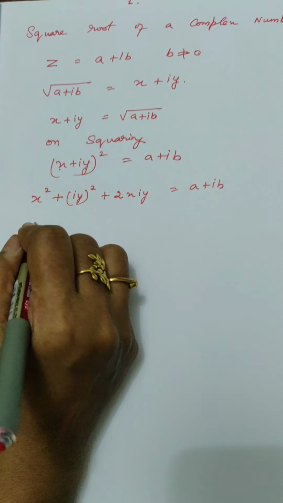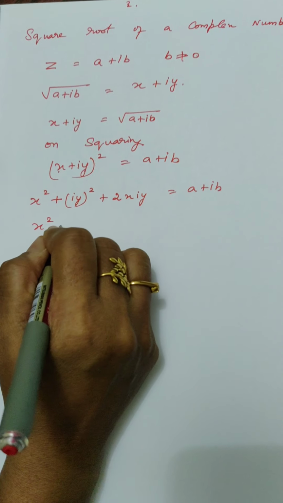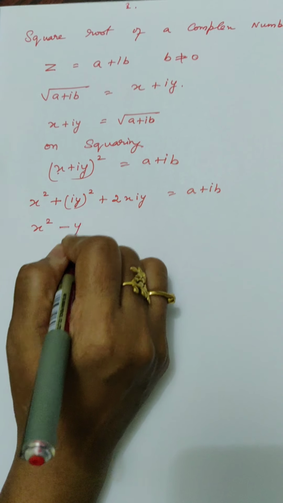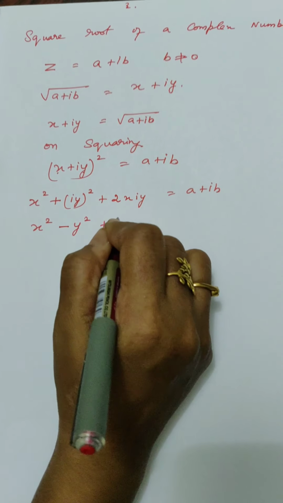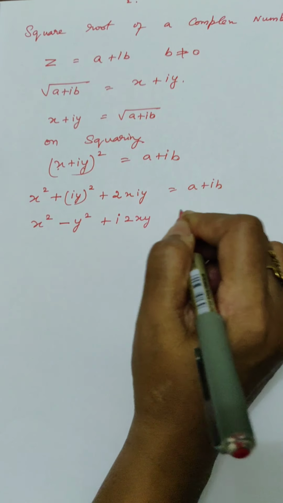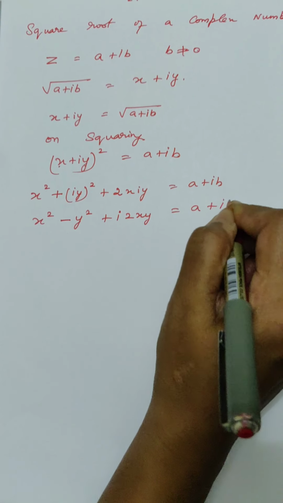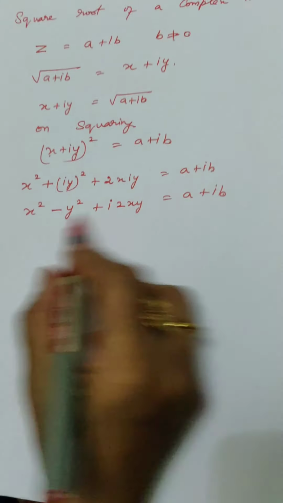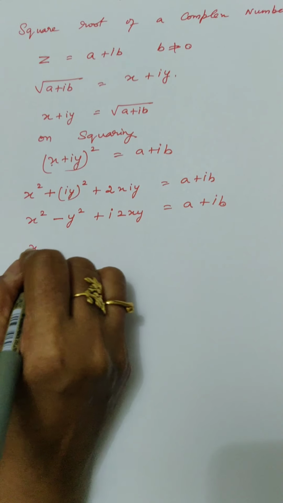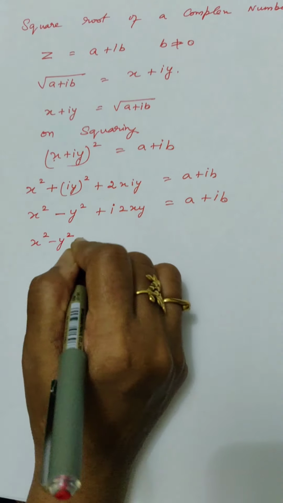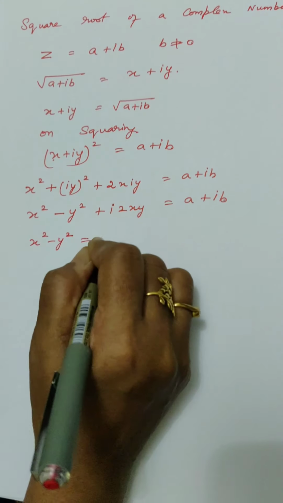On simplification, x square, i square is minus 1, so x square minus y square plus i 2xy equal to a plus ib. Is it clear? These two complex numbers are equal means x square minus y square equal to a and 2xy equal to b, because I am equating the real part and the imaginary part.